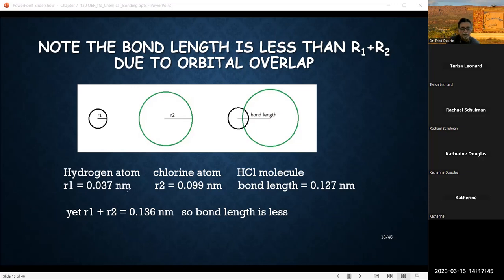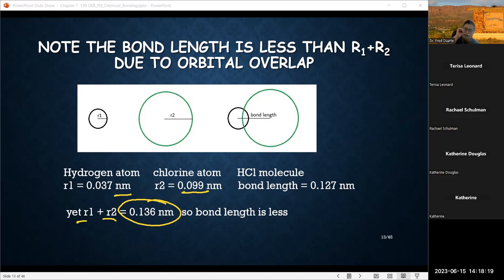We have the hydrogen atom, which has a radius of 0.037 nanometers, very tiny. We have the chlorine atom that has a radius of 0.099 nanometers. It was believed that when they make a bond, the radius of each atom would simply combine so that the new length would be the sum of the two, which would be 0.136 nanometers.